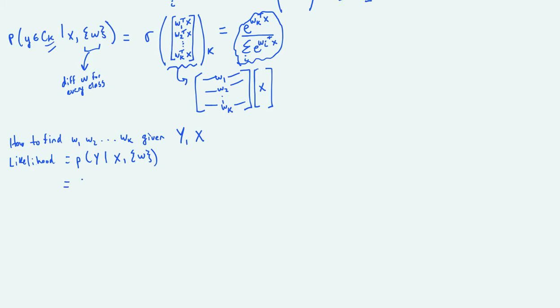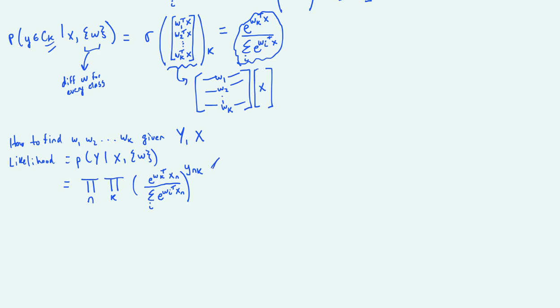That's going to be equal to the product over all data points n. And I'm going to write something a little bit strange here, and I'll explain what it is in a minute. Product over all classes k of the probability that y_n is in class k, given x_n, and we're going to raise that to the y_nk. So what that does is it's only going to count the k that corresponds to y_n in the training set.